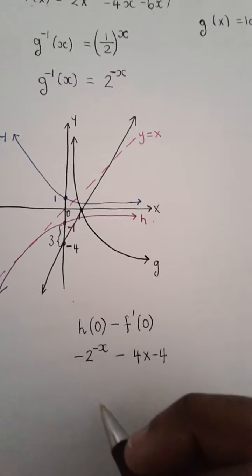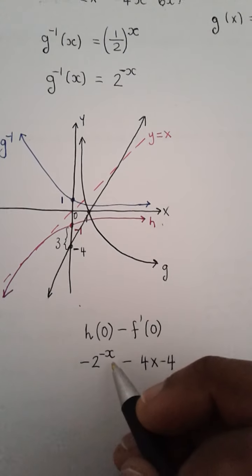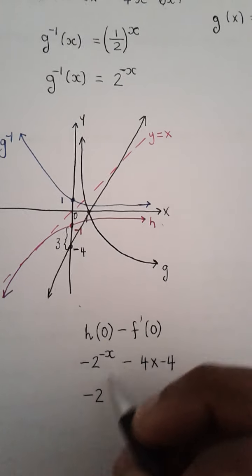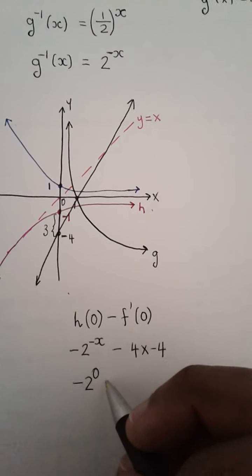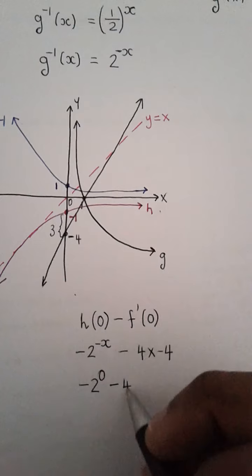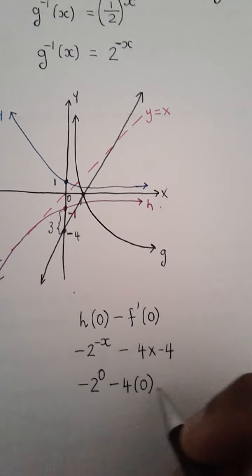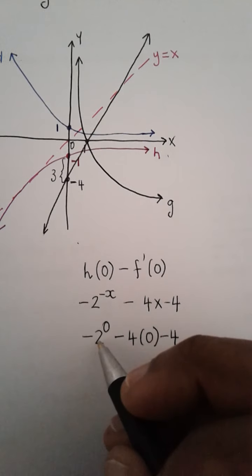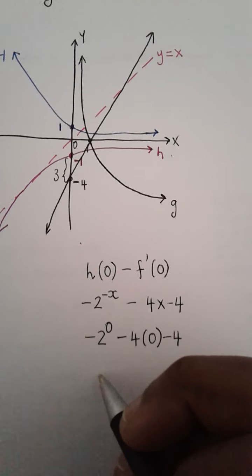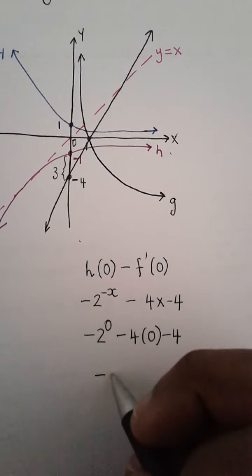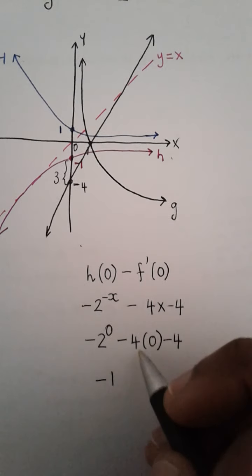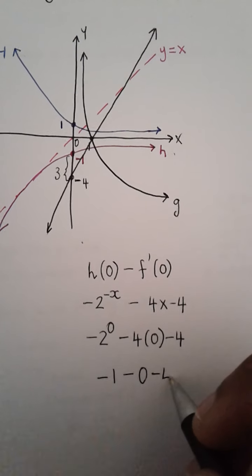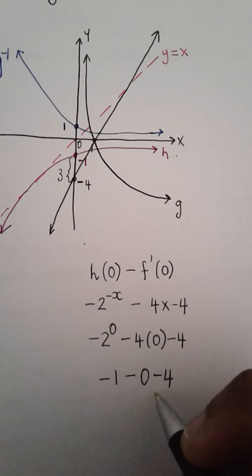We need to substitute zeros where we see those x's. So minus 2 to the minus 0 is just 0, minus 4 times 0, minus 4. Then we have negative 1, because 2 to the 0 is 1, minus nothing, 4 times 0 is 0, minus 4.